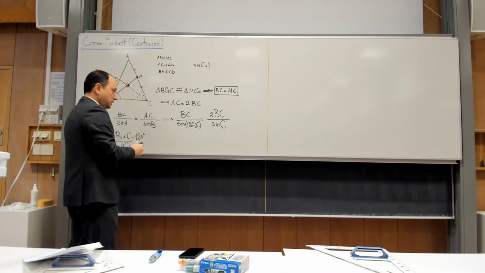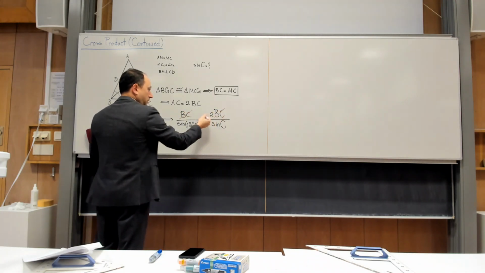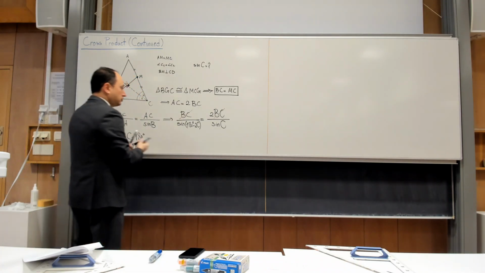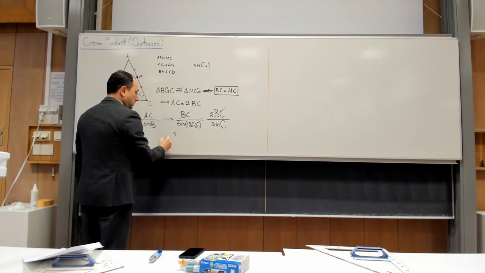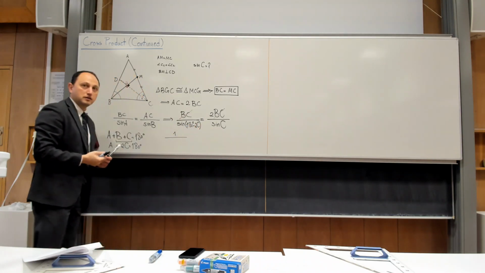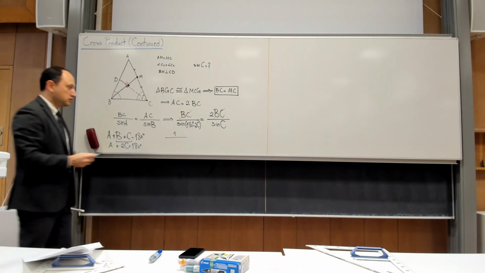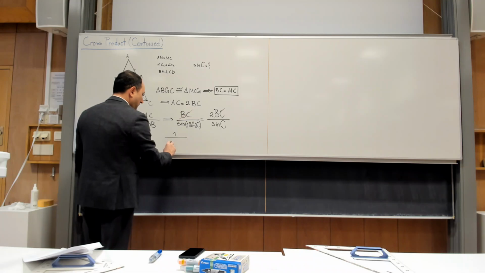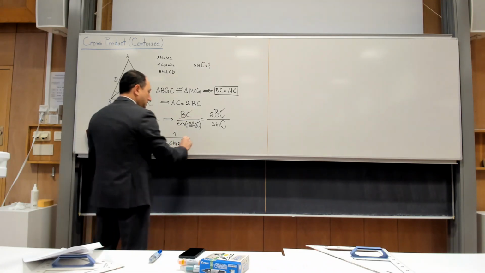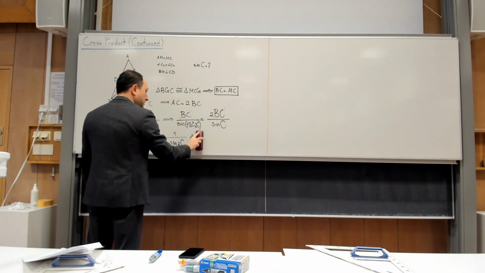And then if I divide both sides by BC, which is not 0, what is left in the numerator is 1. But what can I write instead of this supplement angle? Sine of the supplement angle is equal to the sine of the angle. So it becomes sine of 2C is equal to 2 over sine C.